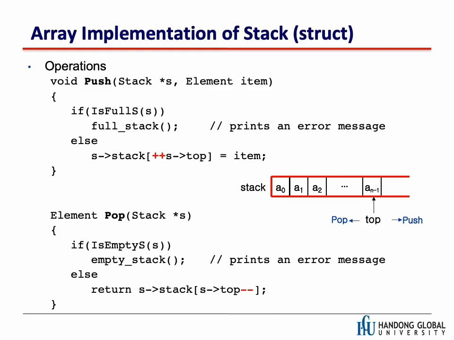After reading that, the top variable will decrease. In this case, we are not actually deleting the top element, but the top variable is pointing to the one below it, so the old top one will be considered garbage, even though we are not deleting that element from the stack. That means this top element is just garbage now.